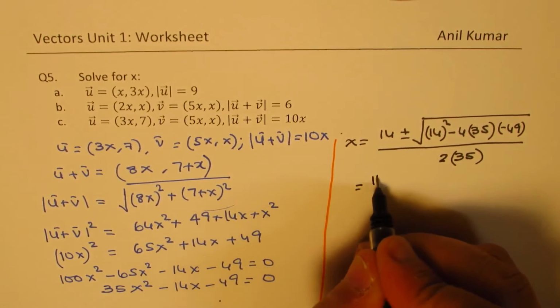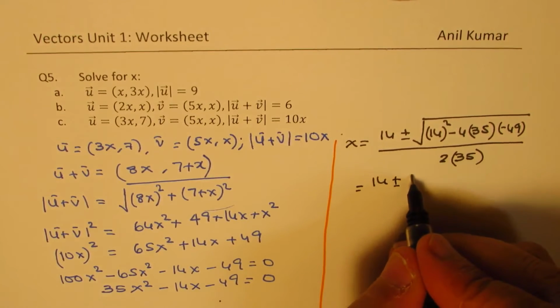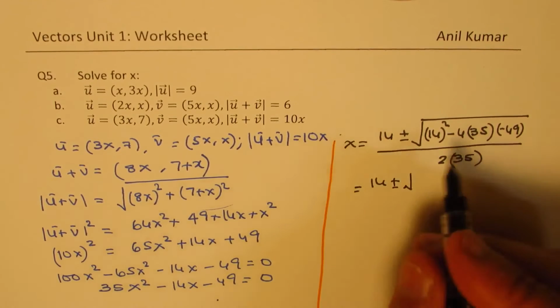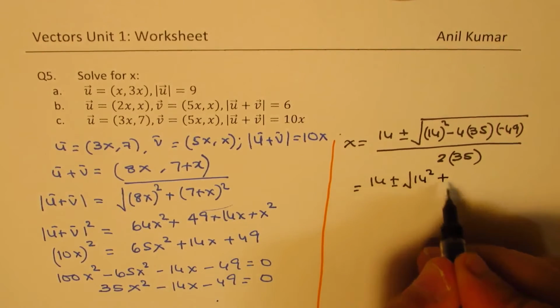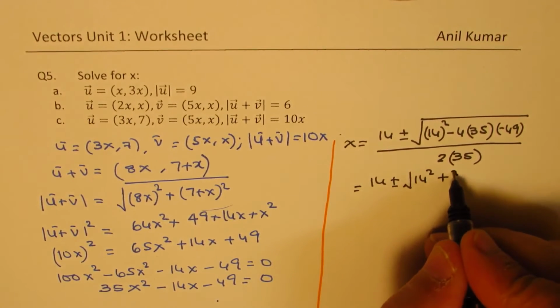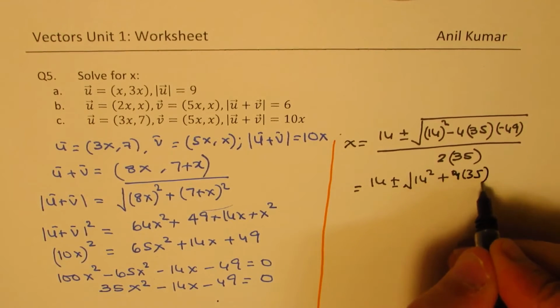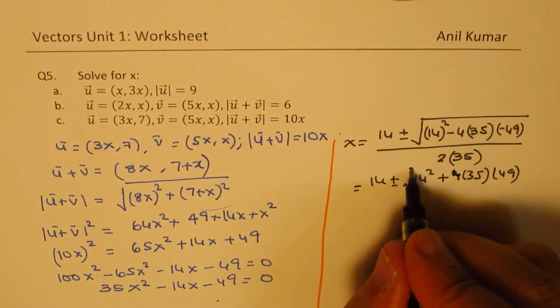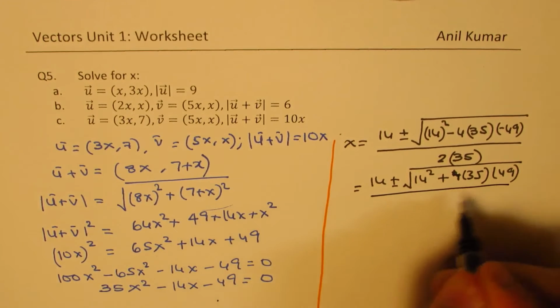So we get the value of x as 14 plus minus square root of all this, which is 14 squared plus 4 times 35 times 49, right, that minus minus, over 70.